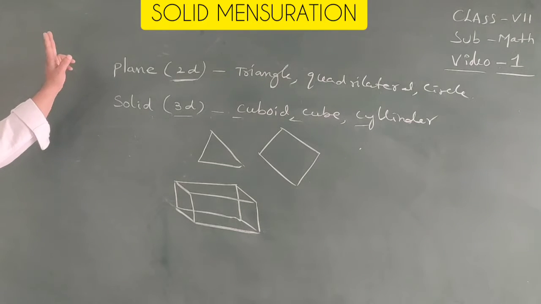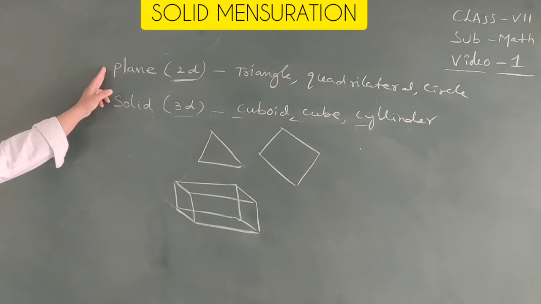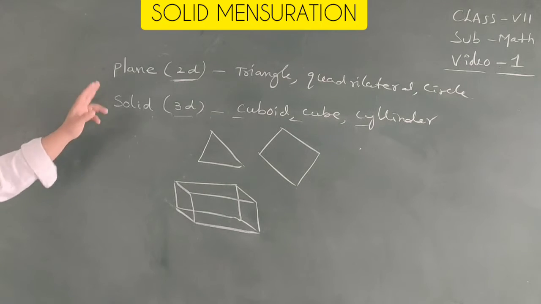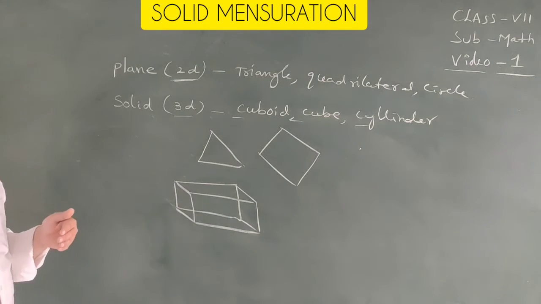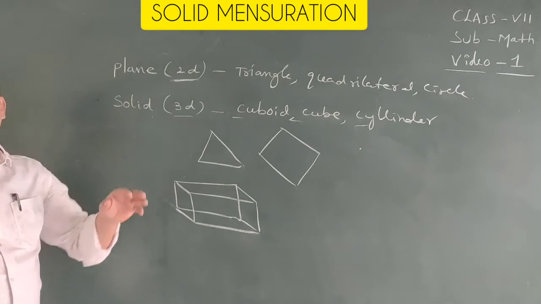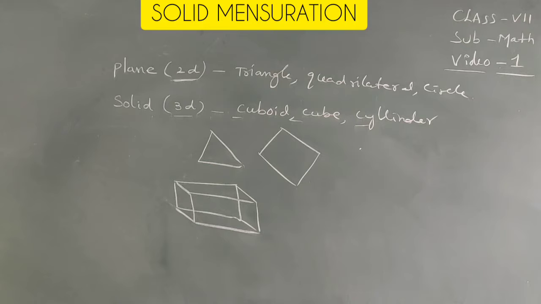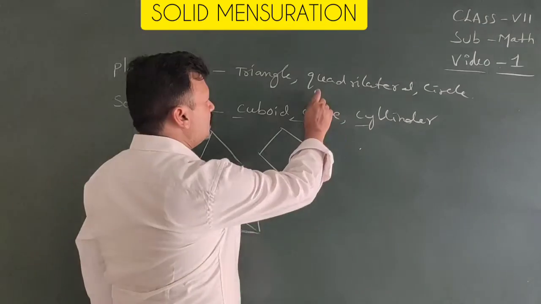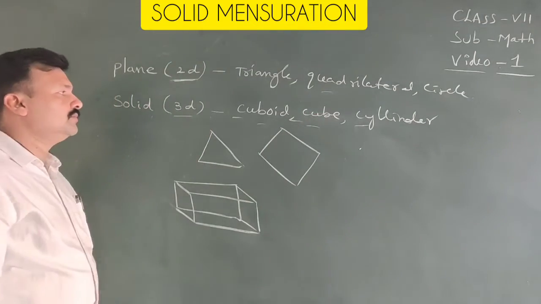So, here plane mensuration we discussed completely. Area and perimeter of triangles, different types of triangles also we discussed there. With the help of these triangles, we have pyramids. Next, quadrilateral. With the help of quadrilaterals, we have cuboid, cube, like these figures.